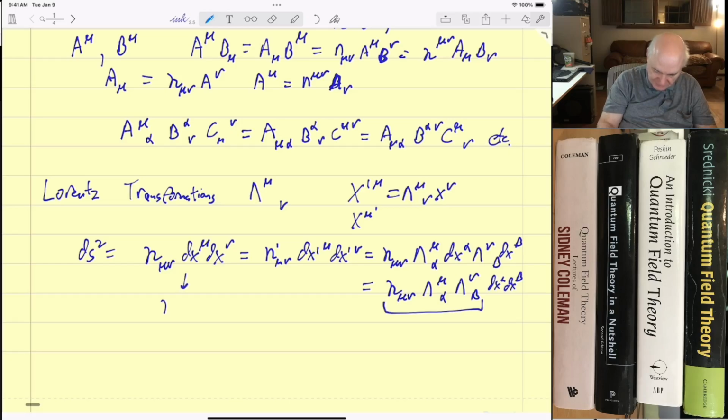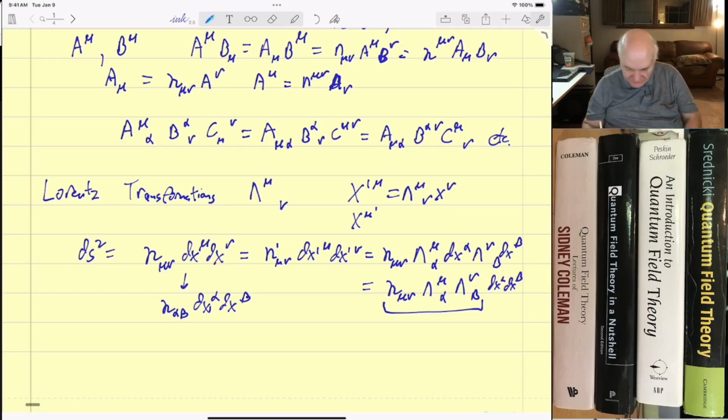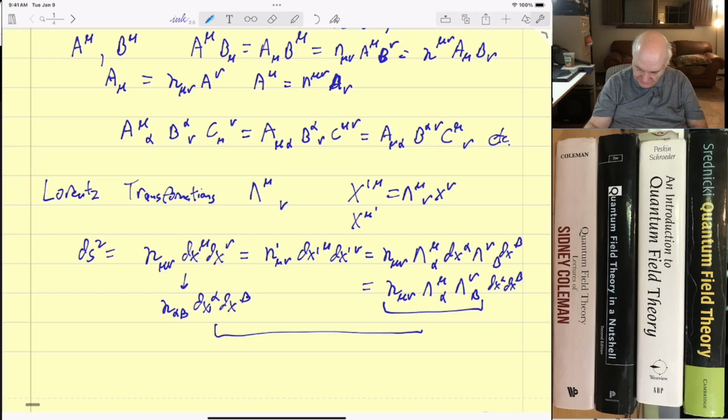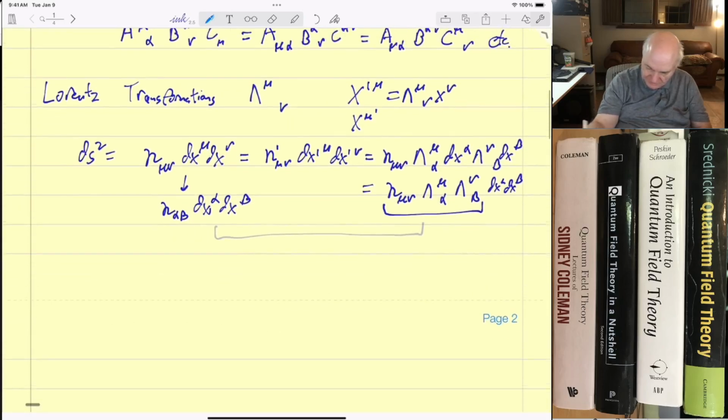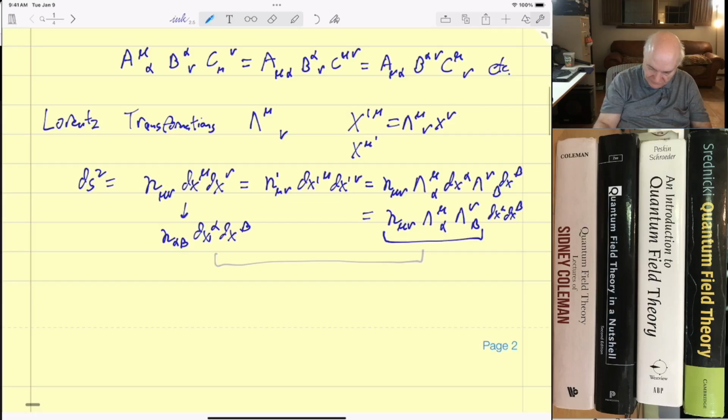This is just η_αβ dx^α dx^β. Indices which are summed can just be relabeled. So this and this have to be the same. That's where we get this fundamental relation: η_αβ = η_μν Λ^μ_α Λ^ν_β.